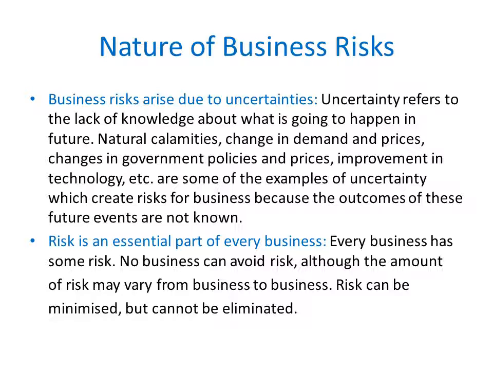I am buying the goods in the expectation that in coming time I will be able to sell the goods. But the coming time, that is the future, is always uncertain. Uncertainty, as I said earlier, may be due to change in demand and prices, change in government policy and other reasons.